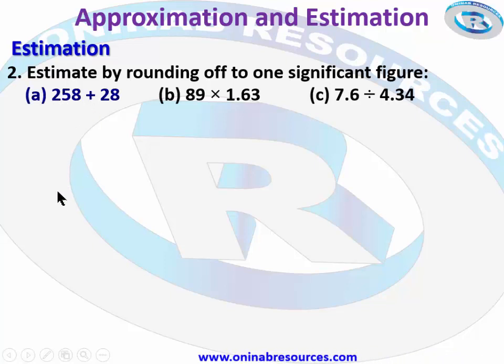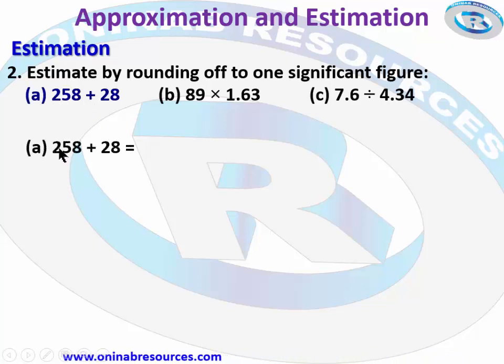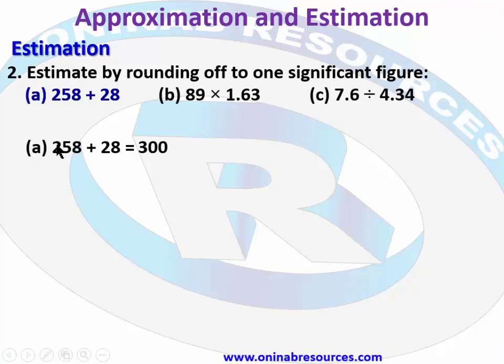So starting from A part of the problem, we have 258 plus 28 to one significant figure. The first significant figure here is 2, and the next figure is 5. So we are rounding it up by adding 1 to this 2 to become 300. You remember, after taking this first digit, we resolve the remaining two digits to zeros.